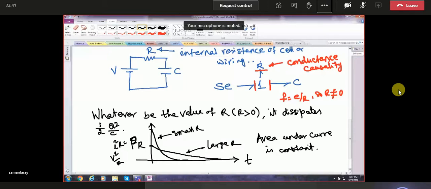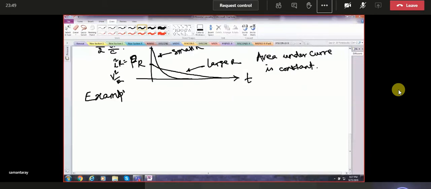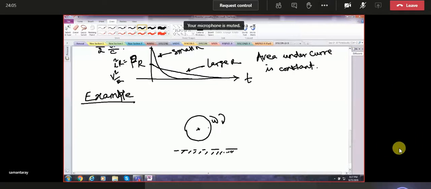I can take another example. It seems a lot of people are interested in vehicles, so I will take this. Whatever we have done in class, let's say a wheel is rotating at speed omega. There is a ground, and this is brought into contact with the ground for linear velocity initially.